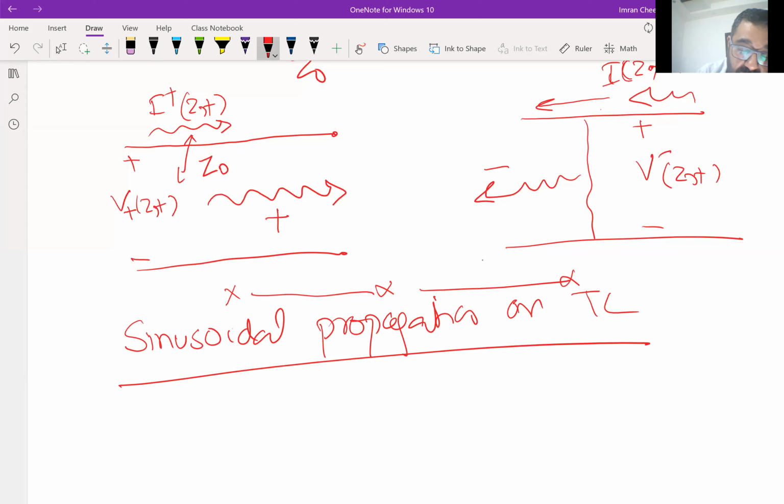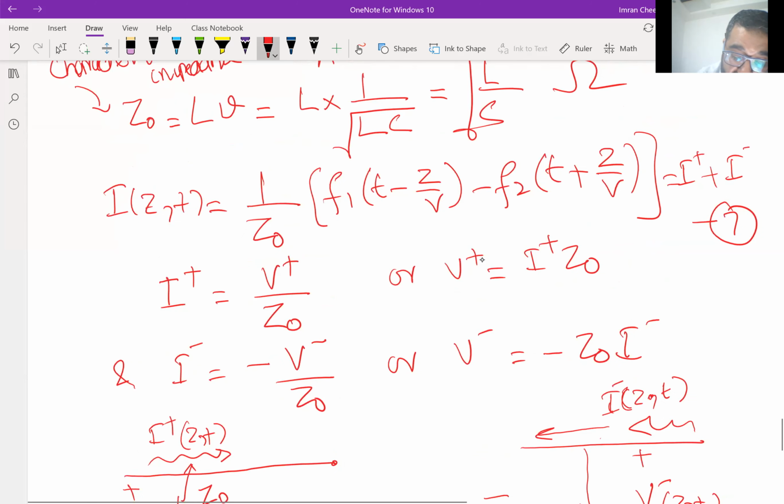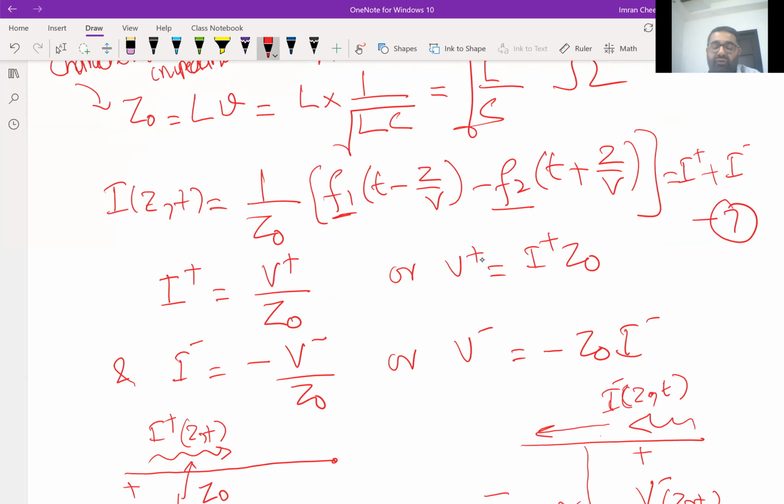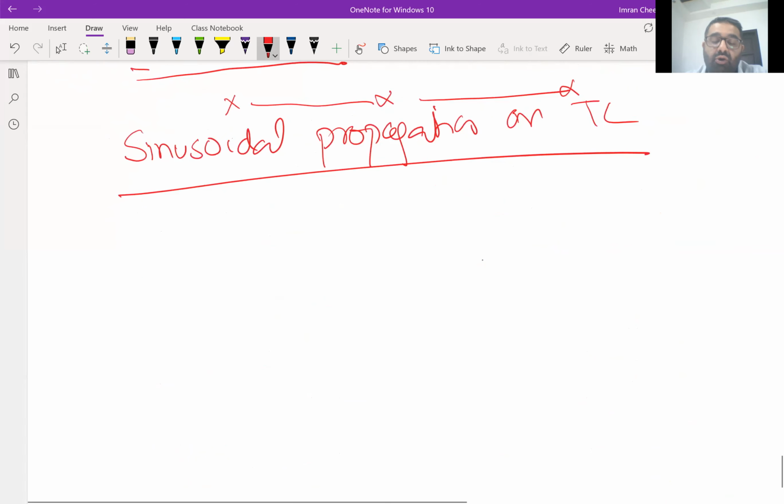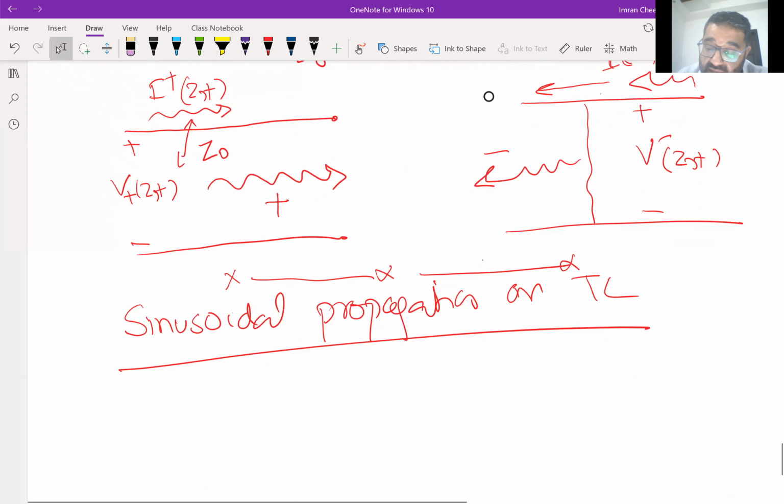So basically, sinusoidal propagation means that these functions f1 and f2, which I was writing generally as general functions, will change to sinusoids. So why sinusoid? You know from your basic preliminary courses earlier that any signal or any function can be represented by a combination of many sinusoids, basically your classical Fourier series or Fourier transform.